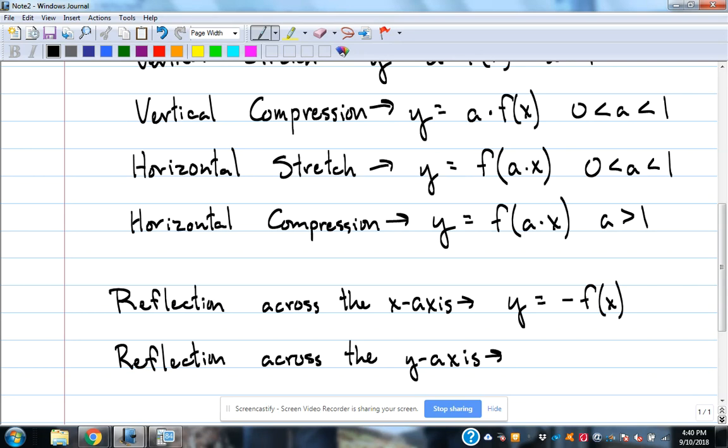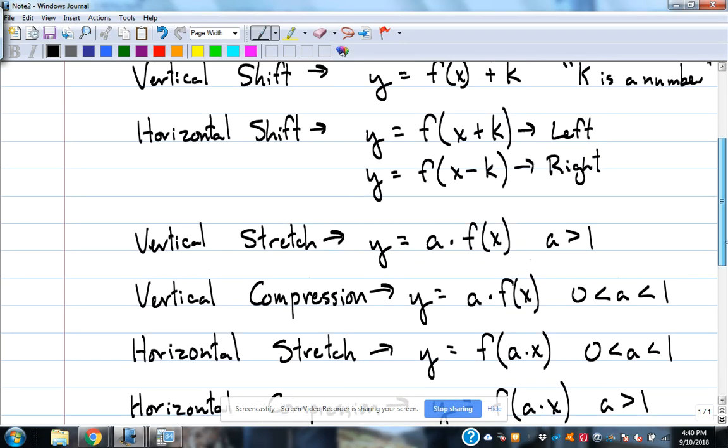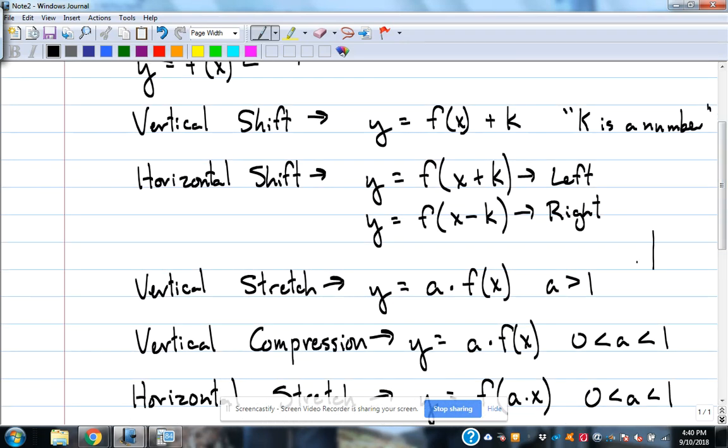The x value changes what? Signs. So to change the sign of an x value, that's horizontal. X values are horizontal. Y values are vertical. So that's going to be f of negative x. It's going to be a negative on the inside of the function. These things are things you want to kind of memorize here.